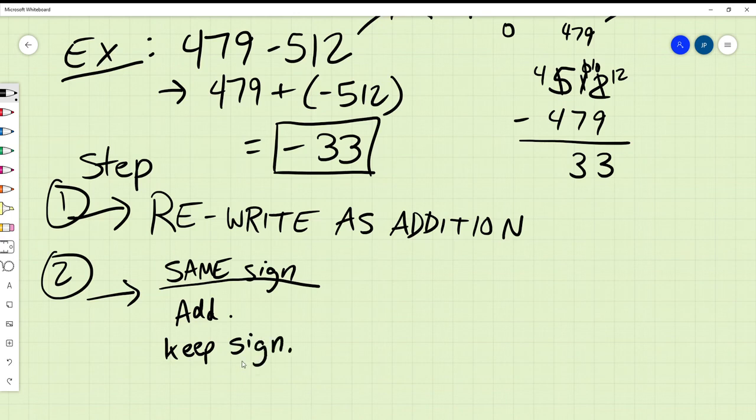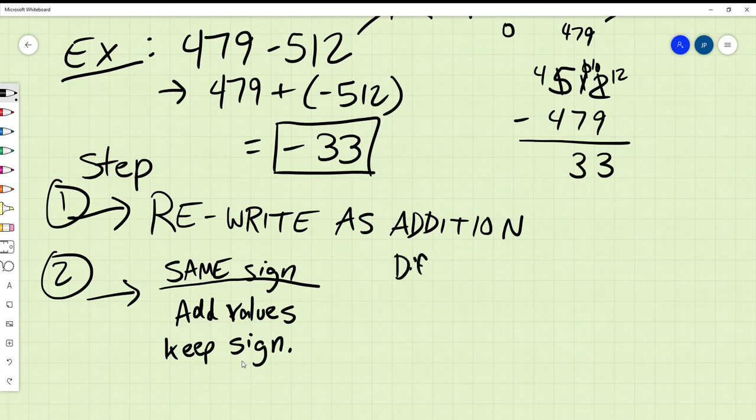If we're adding two positives, we're going to end up with a positive number. If we're adding two negatives, then we're going to end up with a negative number. But we're just going to add the values. It's actually something called an absolute value, but we can discuss that in another video.